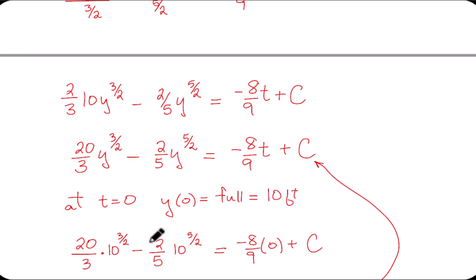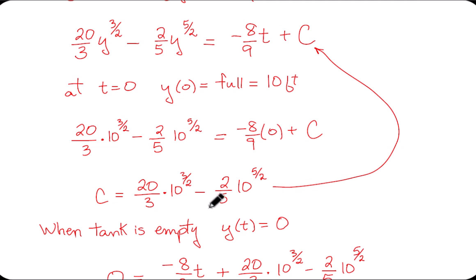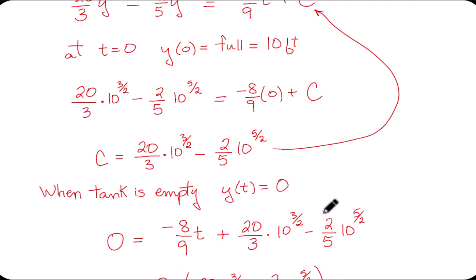So each of my y's is 10 at time 0, and I can grind through this and find out what c is. When the tank is empty, the height of the water is 0. So y is 0, and I plug in the values for c and for y of t.